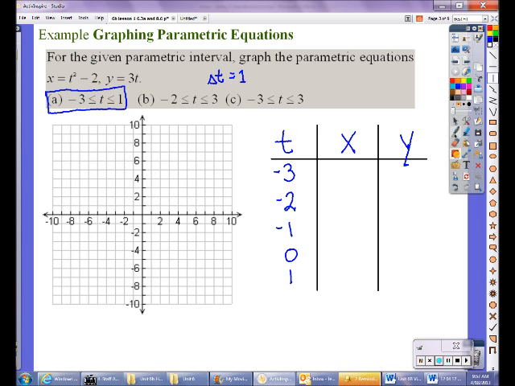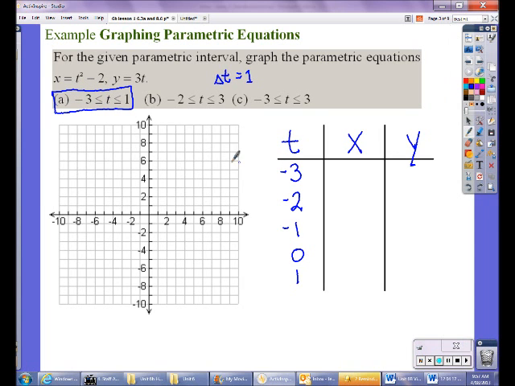To find my x and y values, please note we don't have a t-axis. We're not actually graphing any of these numbers. They're just used to find the xy coordinates. To find the x coordinates, you plug in t up here to the x equation. Let's make that red. The x equation.